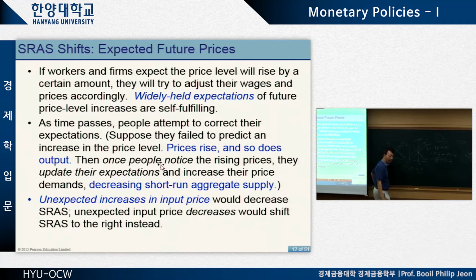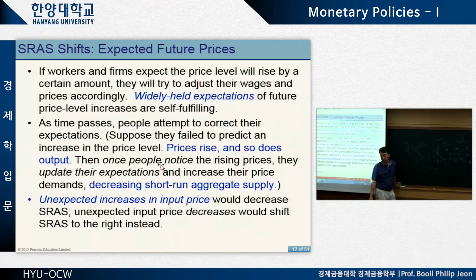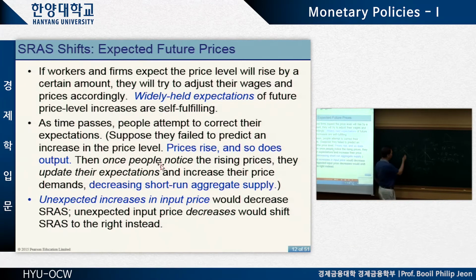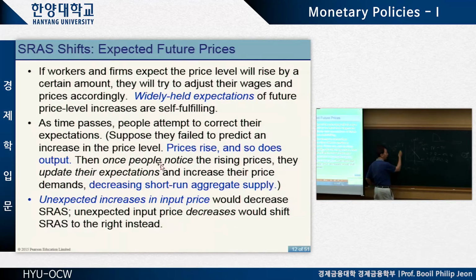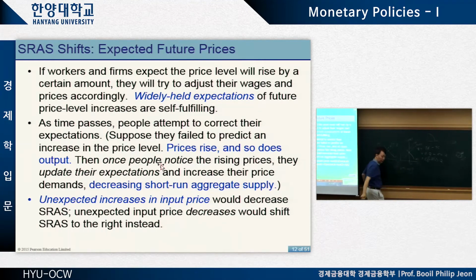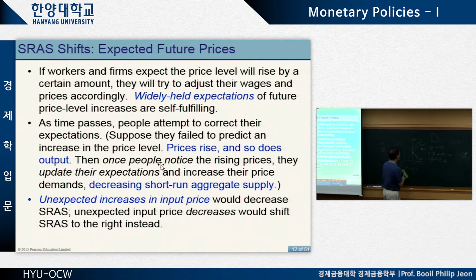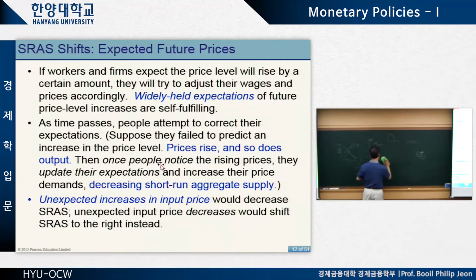Why? As we just talked about, one of the factors that can shift short-run aggregate supply is the amount of resources, and labor is, of course, the most important resource. So when the labor supply decreases, aggregate supply would decrease. So typically, we can write it this way.